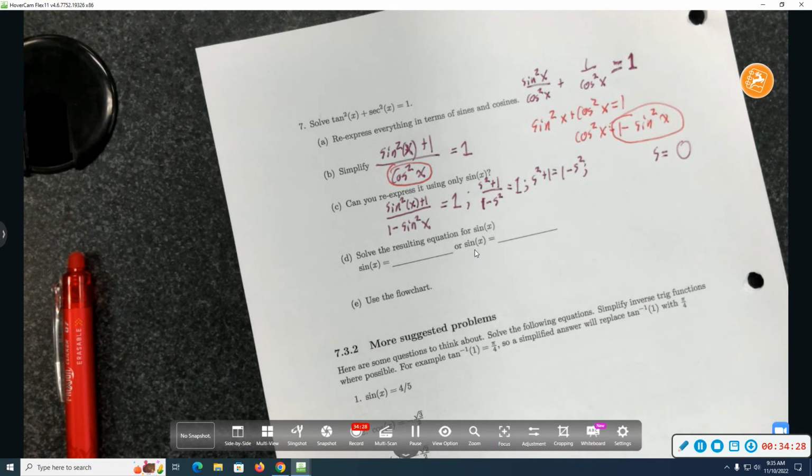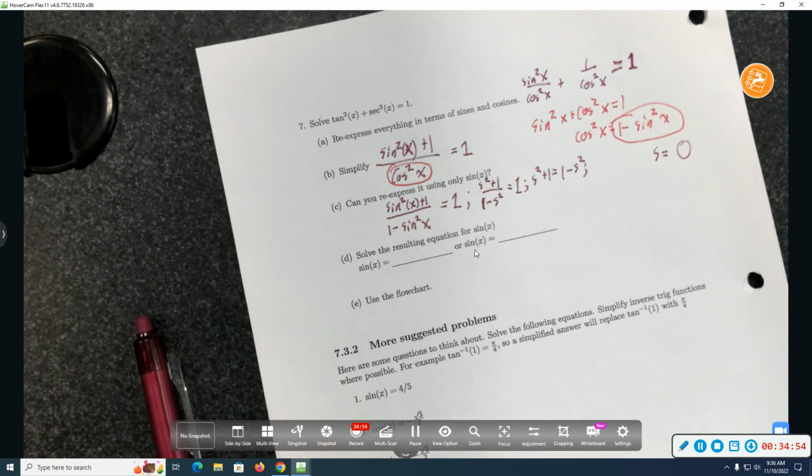Cool. What next? I don't want to take the square root yet, because the plus 1 is still annoying. So you could think of getting everything onto the same side.